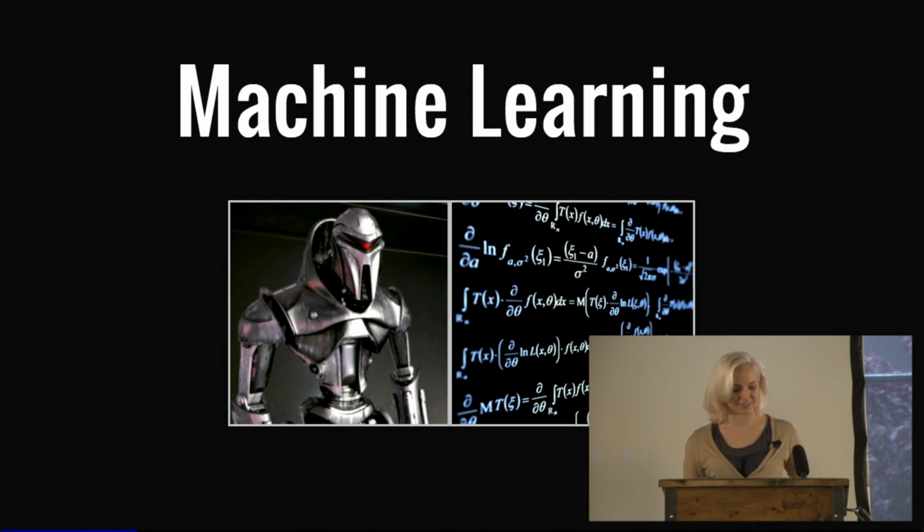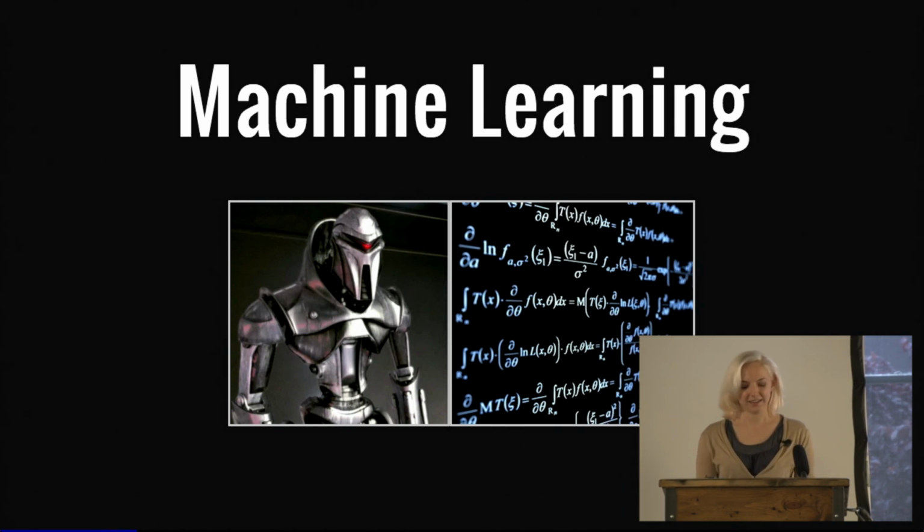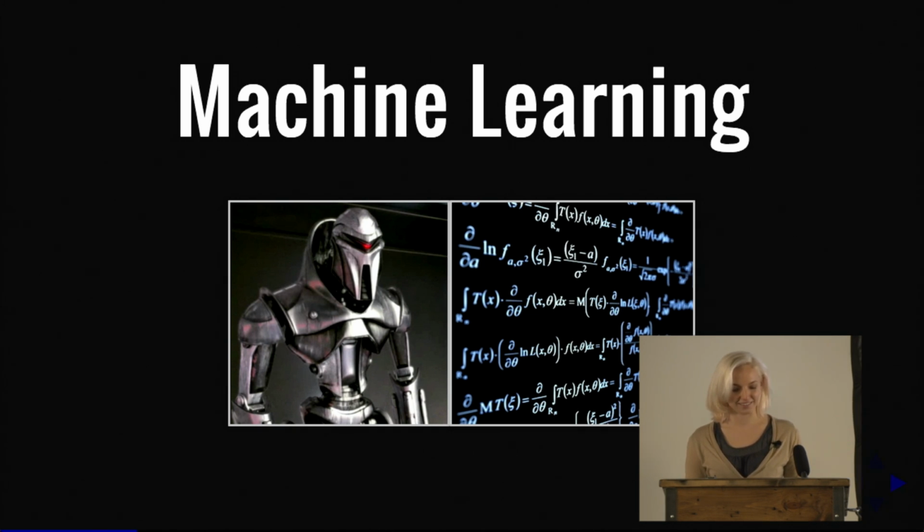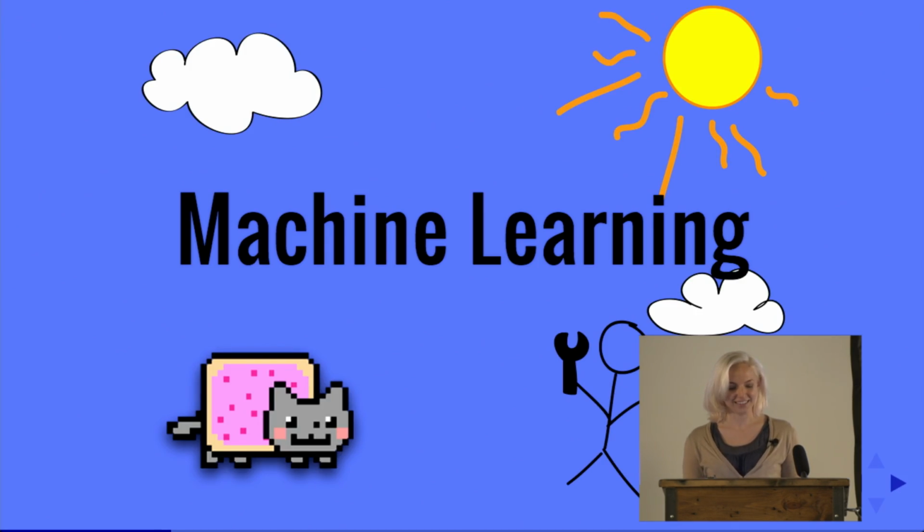I remember telling one of my friends that I was doing machine learning stuff, and they sounded terrified, and they were like, "Oh my gosh, are you like making Cylons or something?" So I think when a lot of people hear machine learning, they think of robots and math formulas, and it's a little bit like that, but it's not all like that. You're not always making robots, and it can be really useful even just for everyday applications.